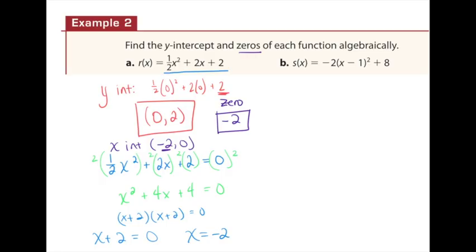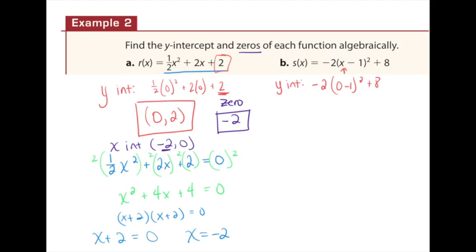So vertex form, I can't just automatically pick out my y-intercept. All right? So my y-intercept is not as simple on this one because I don't just have it sitting there like I do over here. For this one, I actually have to plug 0 in, just like I did here. So I'm going to say -2, 0 minus 1 squared plus 8.